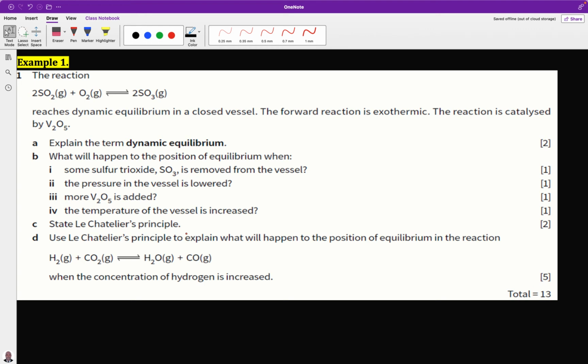That is, the forward reaction and the backward reaction are occurring at the same time. And again, in the dynamic equilibrium, you should know that the concentrations of the products and the reactants are constant.